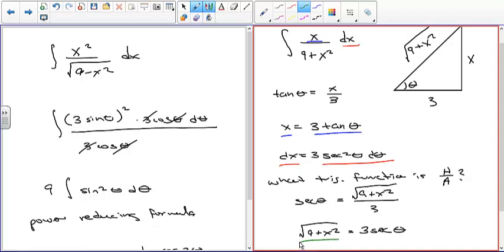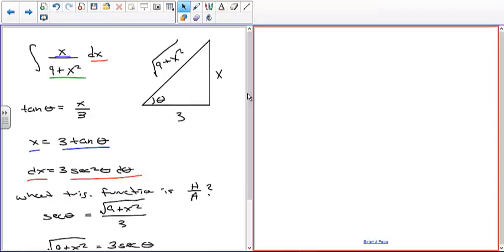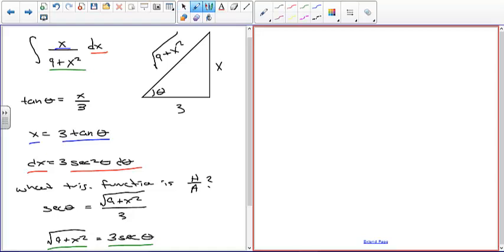And for that, we're going to put that. It goes there. Okay. So what do we get? Our original integral, which was in terms of x, putting in these substitutions, you're going to have 3 tangent theta. That's x. dx is 3 secant squared theta d theta.